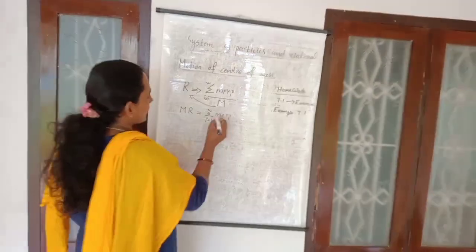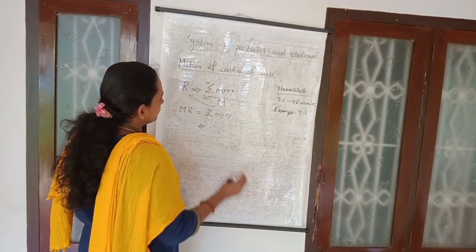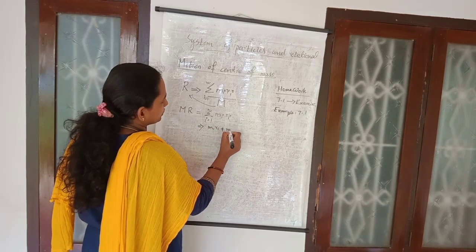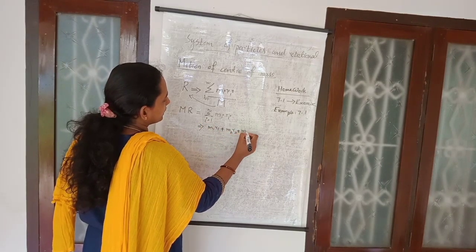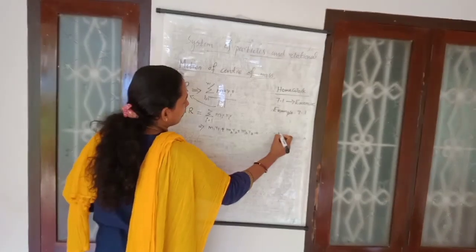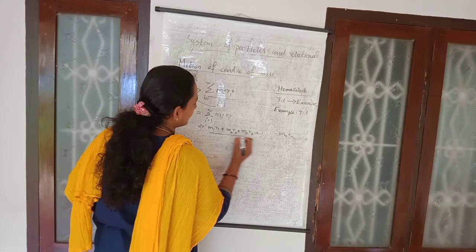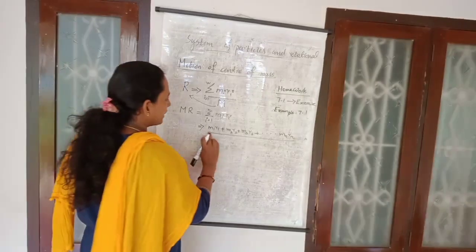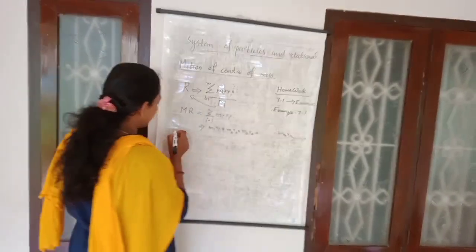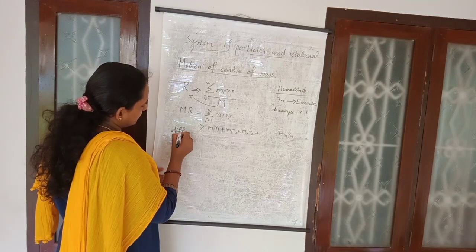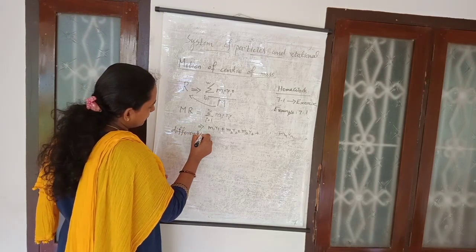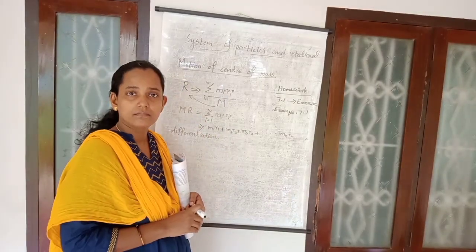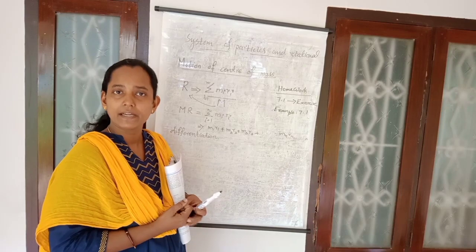Whenever we write this for a system of n particles, it becomes m1 r1 when i equals 1, m2 r2 when i equals 2, m3 r3 when i equals 3, plus and so on up to mn rn, divided by the total mass. Then we differentiate both sides with respect to time, meaning we find the derivative with respect to time.